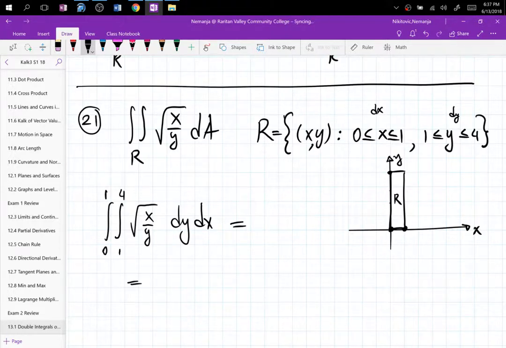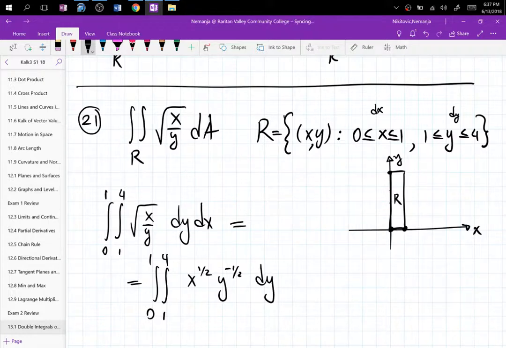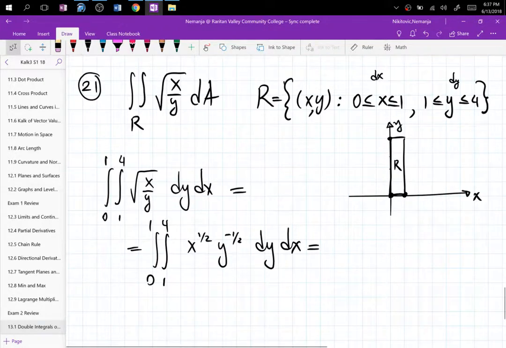We are supposed to integrate first with respect to y. I'm going to rewrite this problem before I do any integration, because it's easier. x is in the numerator, so that's x to the 1/2, and y is in the denominator, so that's y to the negative 1/2.